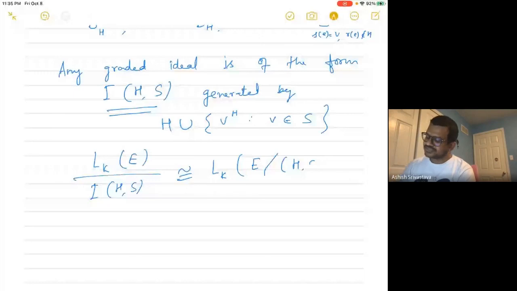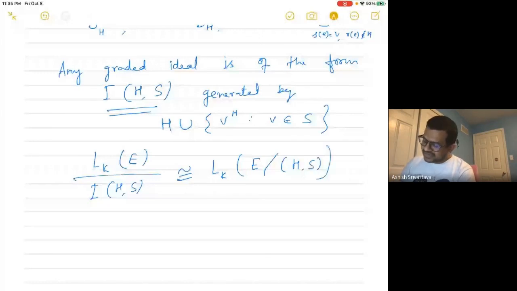The quotient with these ideals gives us again a Leavitt path algebra. So if you mod out this Leavitt path algebra by such graded ideals, it turns out this is a Leavitt path algebra over a new graph which we call the quotient graph, E mod (H,S). What is this quotient graph?